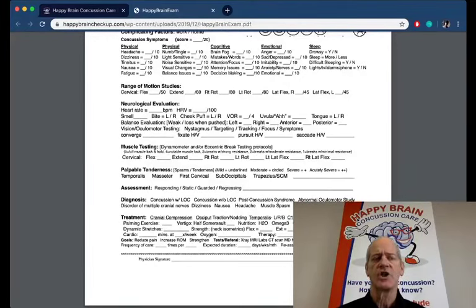Again, this is a challenge test to the nervous system to see if it responds normally. And that response I can observe objectively to see if it is hyper, hypo, diminished, or totally absent.